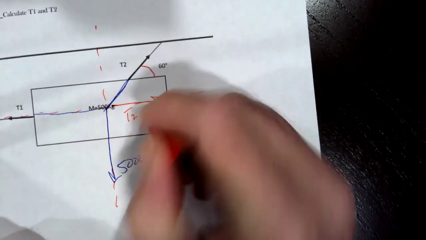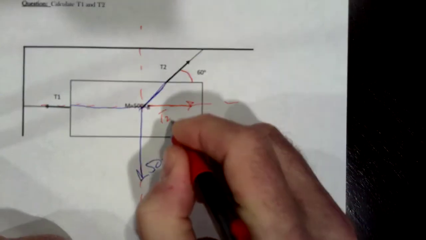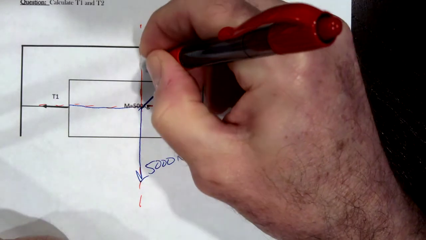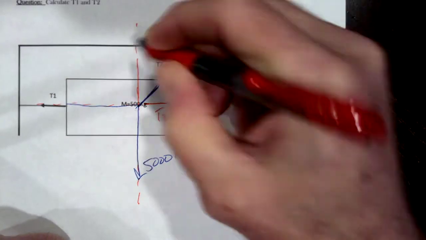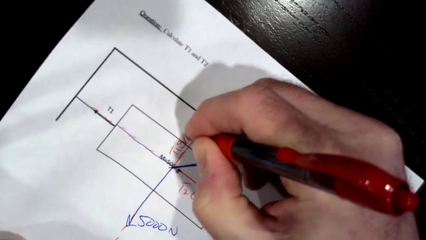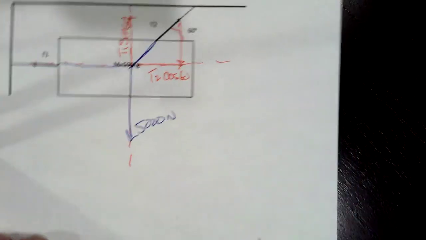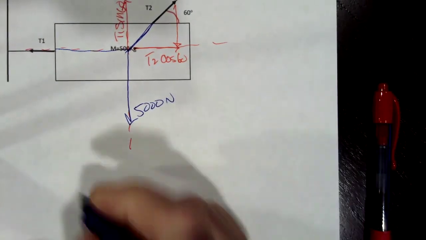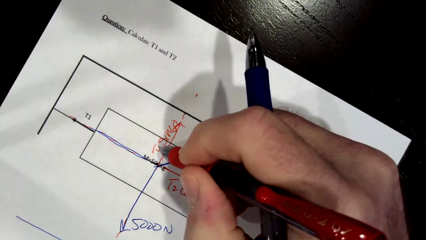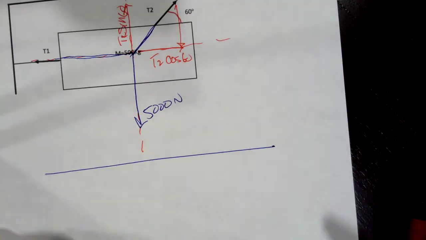This would be T2 cos 60. Pulling up this way, which is the same as looking at it like this, you would have T2 sine 60. T2, sorry, I don't know why I wrote a T1 there. It's T2. I'm breaking T2 apart.